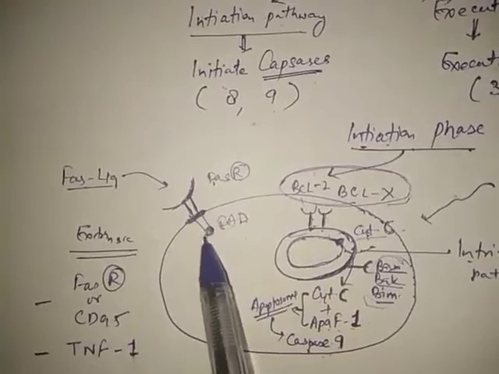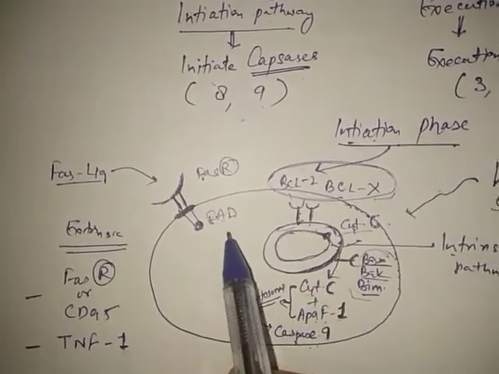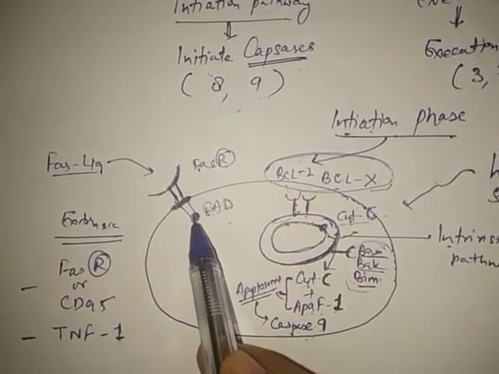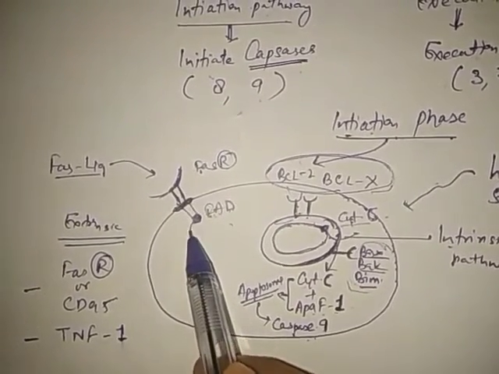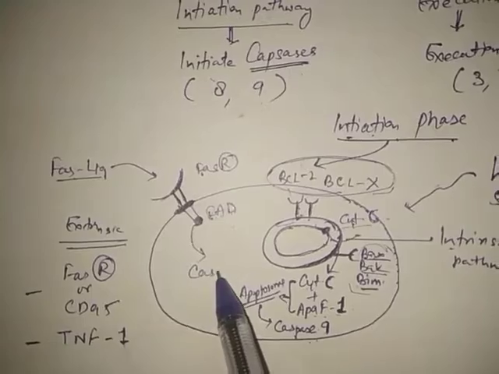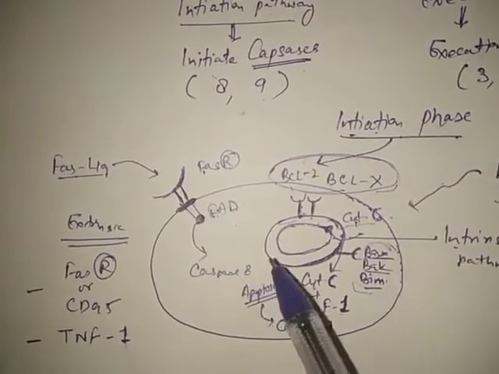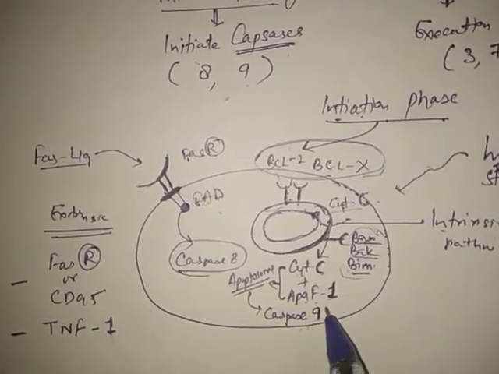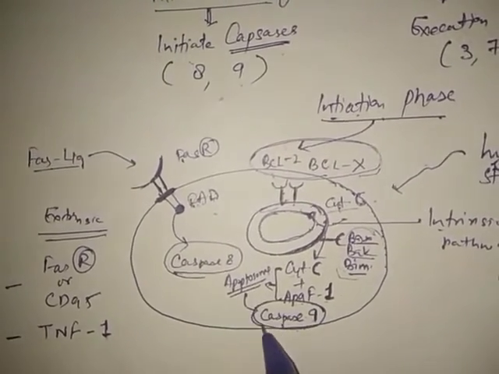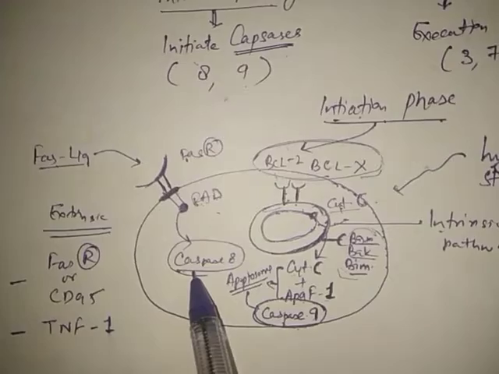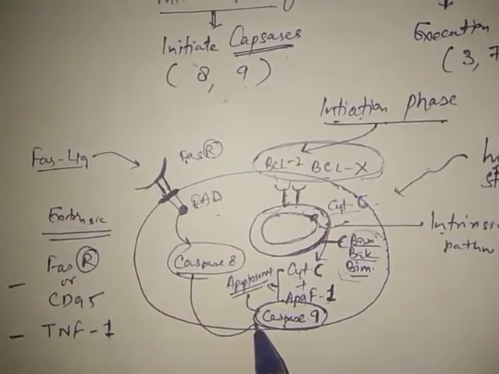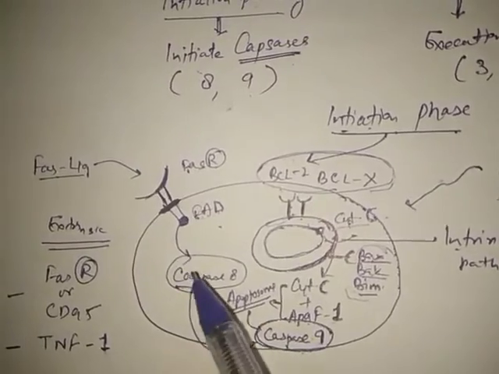They are trying to induce apoptosis in the cells. So when the FAS associated domain gets activated, this then activates caspase 8. So in this way, caspase 8 and caspase 9 are activated. So this is the initiation phase. Up to here is the initiation phase.